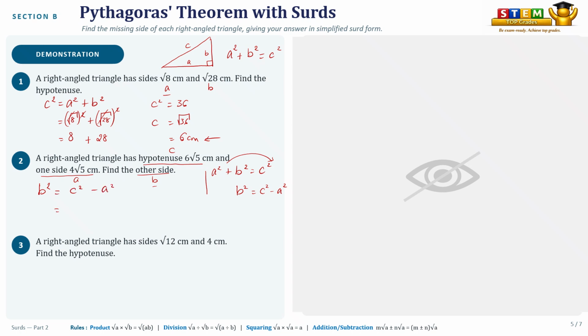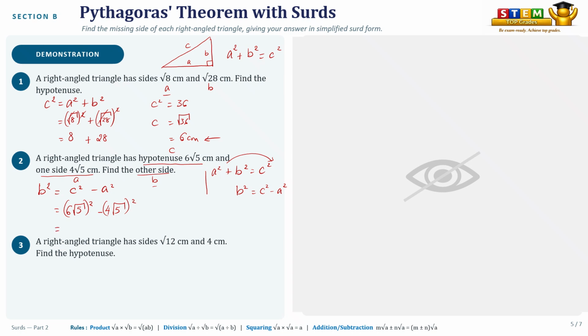And let's do the substitution now. This is what examiners look for. They look for structure in your work, and that's what I would emphasize all the way in all the sessions I'm going to do. So C is 6 root 5 that I'm going to square. A is 4 root 5 that I will be squaring as well.